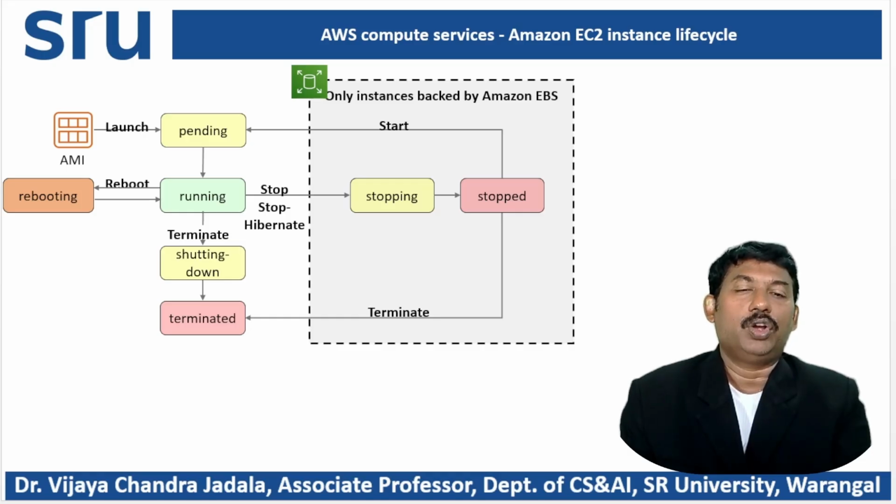So what you observe in this particular life cycle diagram is an instance. The arrow marks show the actions that an instance takes, and the boxes show the state that the instance will enter after that particular action.